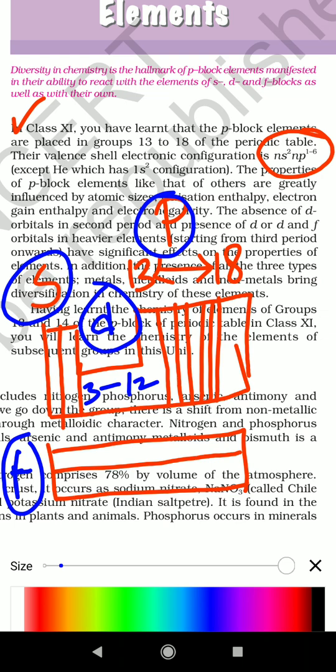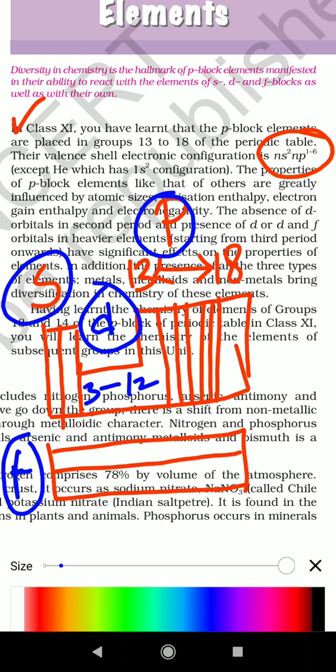If it enters into the F orbital, that is called F block elements. So depending upon the last electron entering, there are 4 blocks of elements: S, P, D and F block.